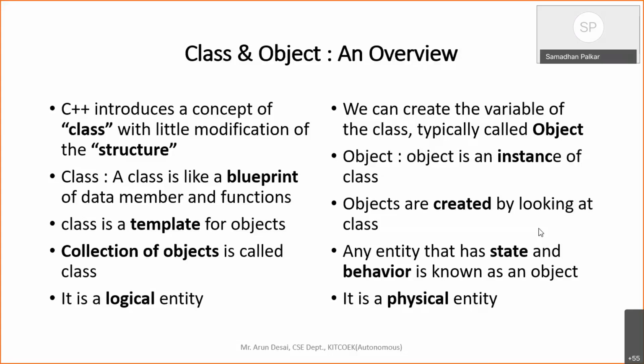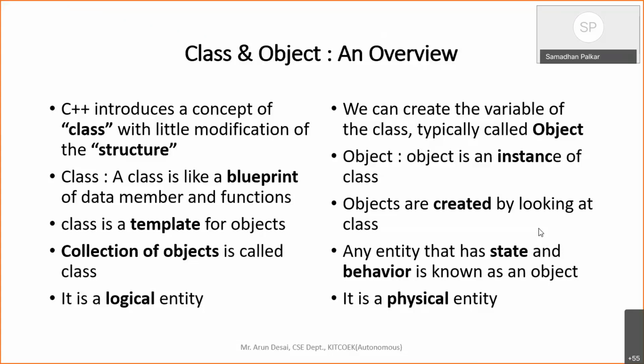One more definition available is that it is a kind of collection of objects. Why it is called a collection of objects, we'll see within two to three minutes. Just keep in mind that a class is called a collection of objects. If class is like a structure, then an object is treated as a structure variable.